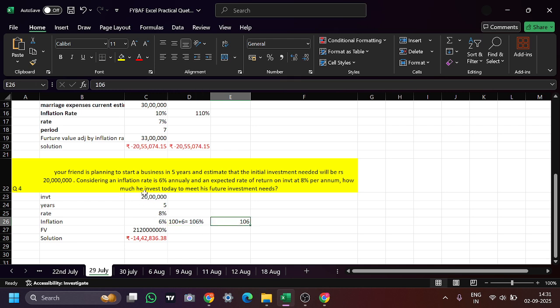Now we are going to calculate according to the inflation the future value adjusted for the inflation rate. Done. Now considering the inflation rate as 6% annually and expected rate of return of the investment at 8% per annum, the rate is how much? 8%. How much he should invest today to meet the future investment need?